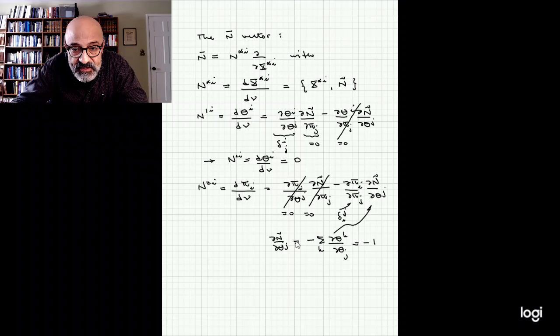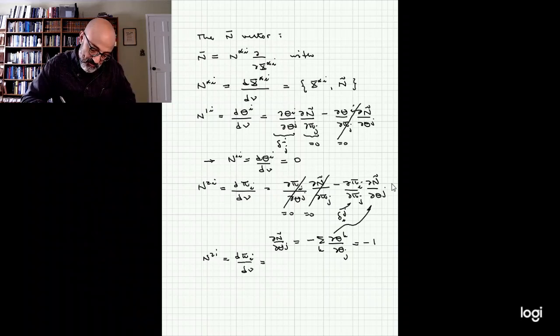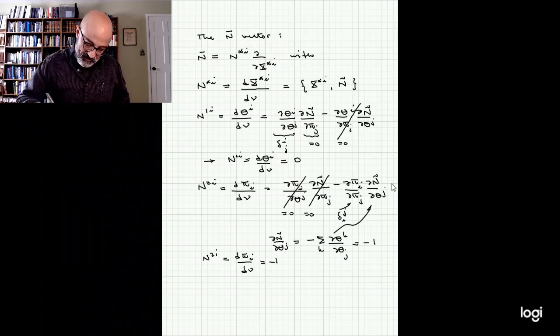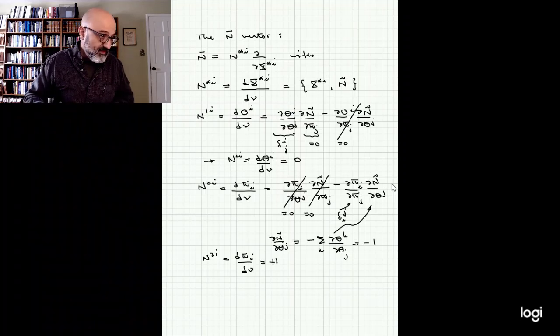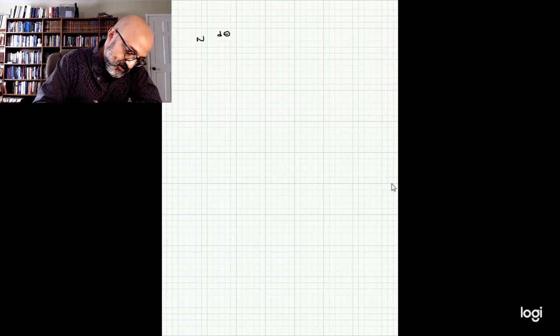Whatever that guy is, this is minus 1. So d pi I d nu equals minus 1, plus 1. So conclusion, the vector that we have, the vector n, let's just write our results.